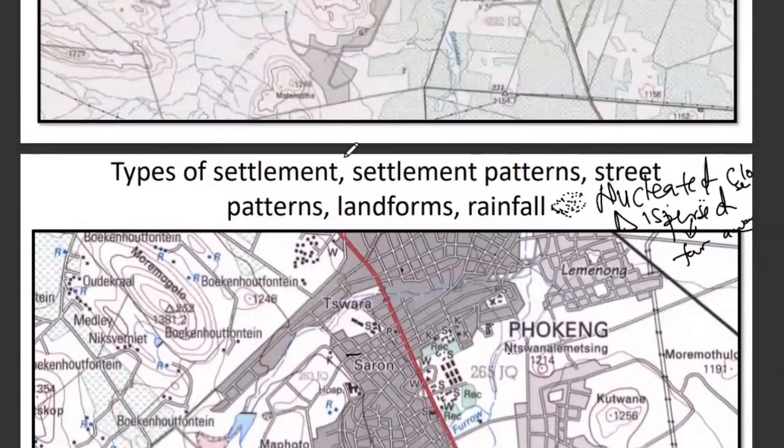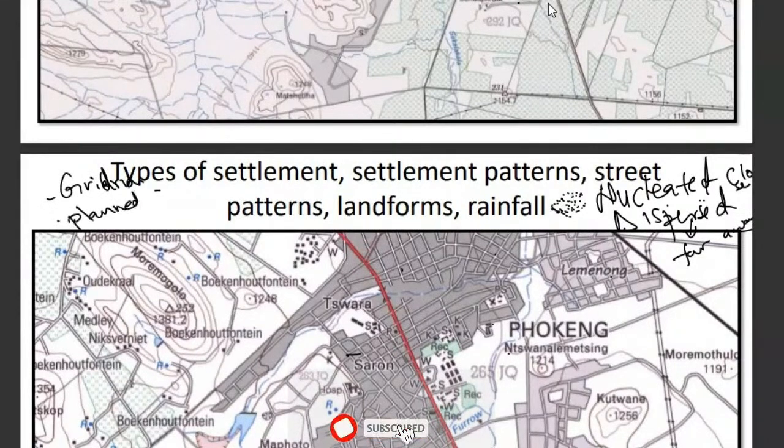Then the street pattern. For street pattern, basically we have grid. Okay, we have planned, but planned, we have planned regular and planned irregular.